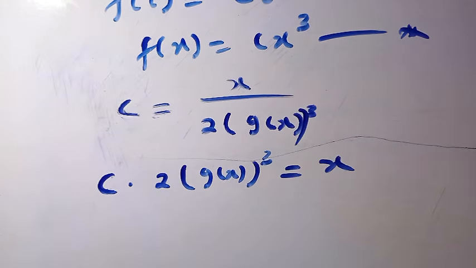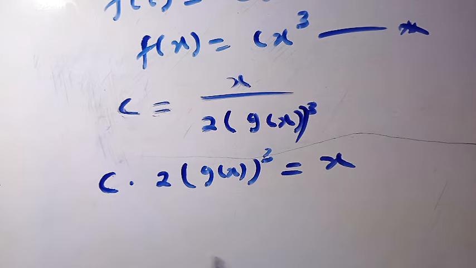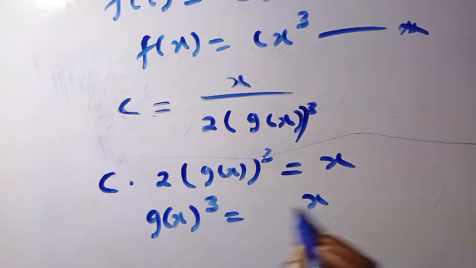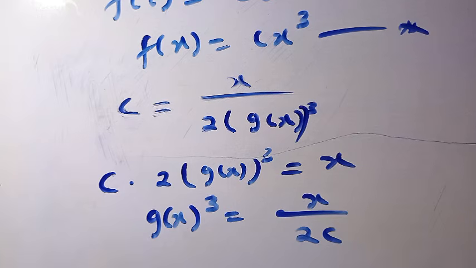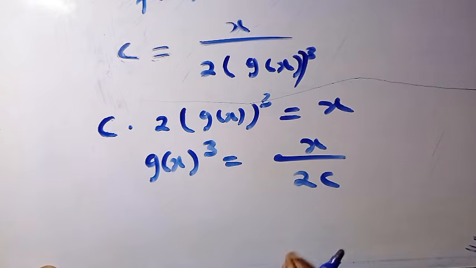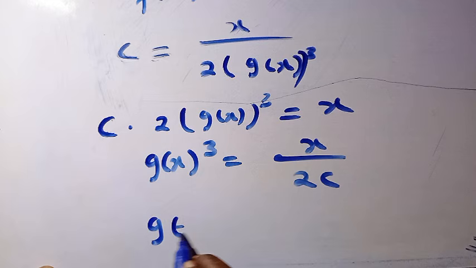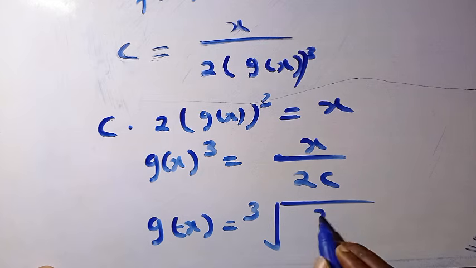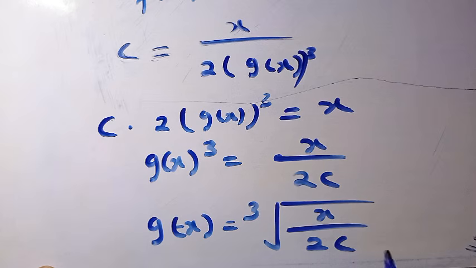If I divide both sides by 2c, we have g of x cubed equals x divided by 2c. By taking the cube root of both sides, we have g of x equals the cube root of x divided by 2c.